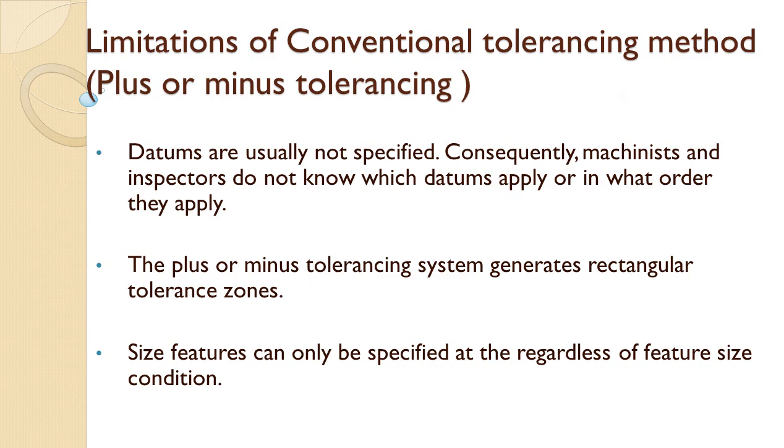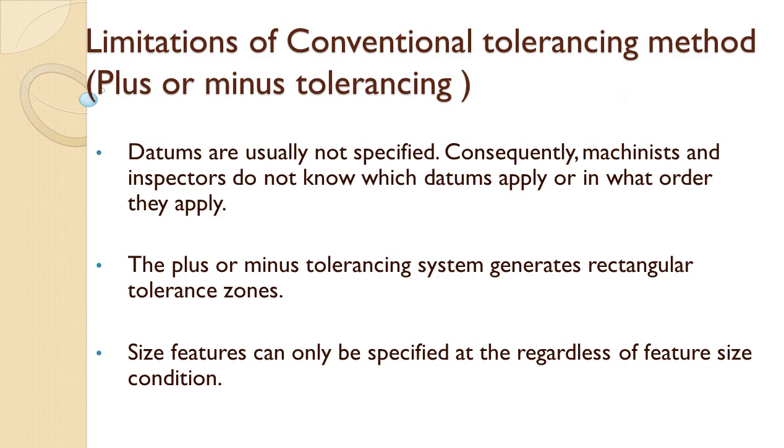The plus or minus tolerancing system, that is the conventional tolerancing method, generates rectangular tolerance zones, as it doesn't use the diameter symbol. Size features can only be specified at the regardless of feature size condition.